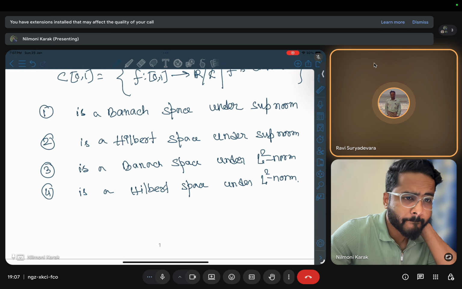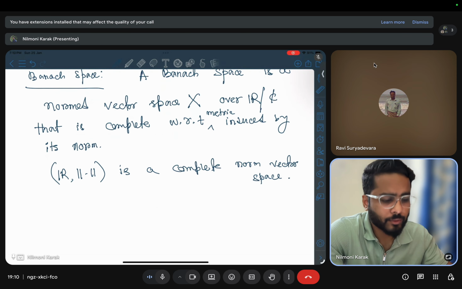Norm means the size of a vector: if you take some vector A, the absolute value of A is the norm, or length, of the vector. It is not that the norm is unity; norm is a general thing here.